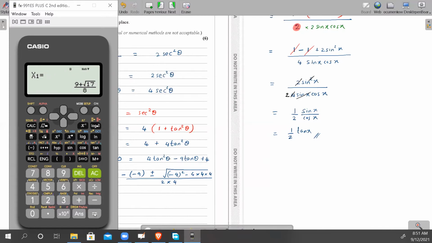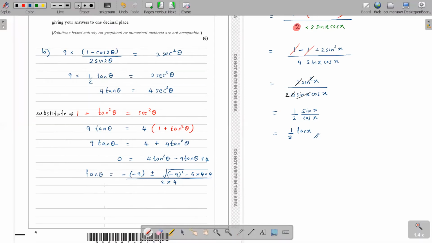Then I end up getting 9 plus root 17 over 8 and 9 minus root 17 over 8. So let's write it. Tan theta equals 9 plus root 17 over 8, or tan theta equals 9 minus root 17 over 8.